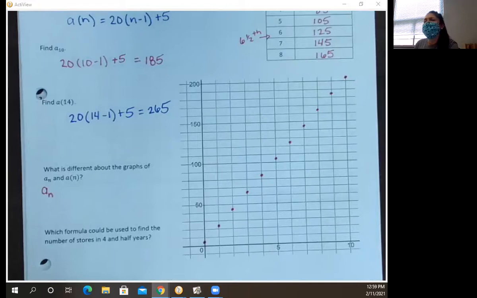What do we call a graph like this? It has a name. We saw them last semester.